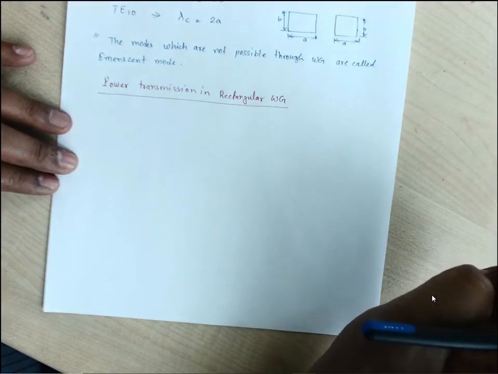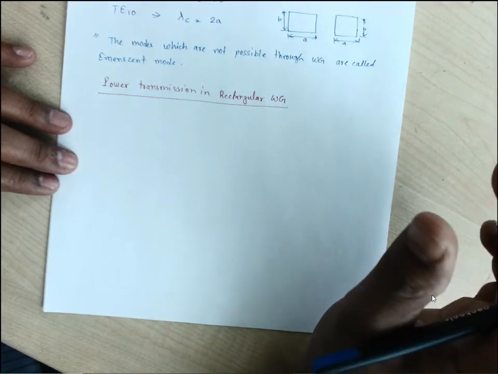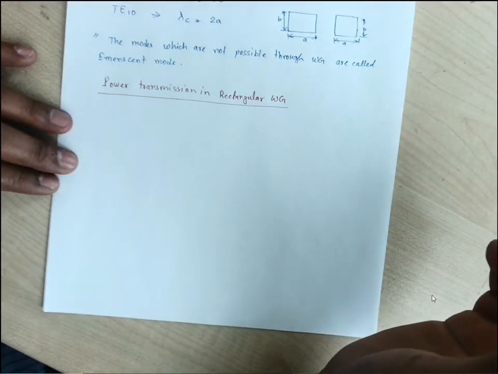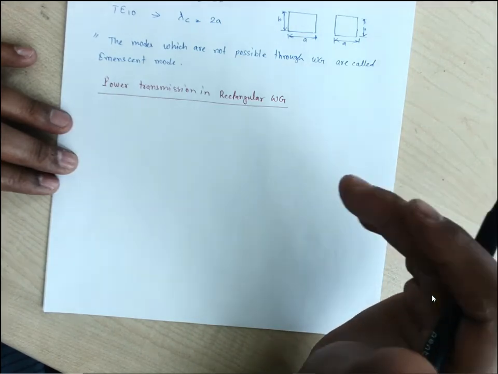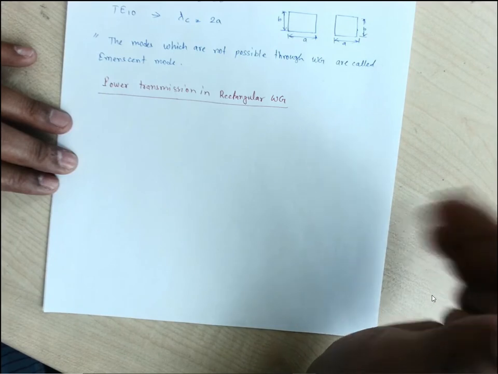Here we assume that the guide is terminated in such a way that there is no reflection from the receiving end, or we can consider that the waveguide is infinitely long compared to the wavelength.